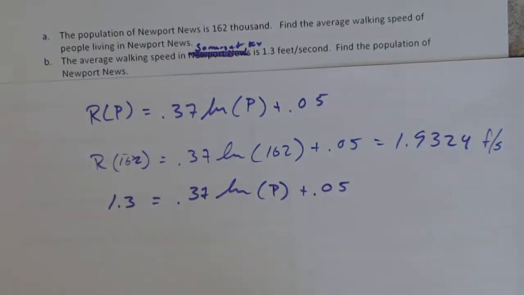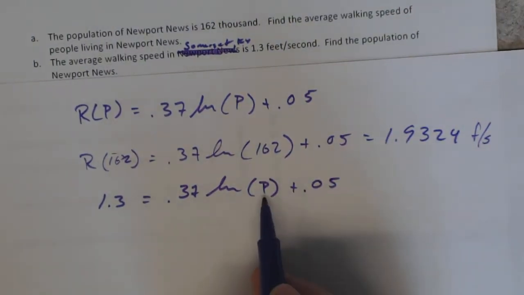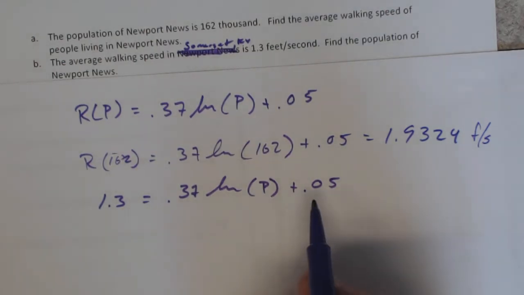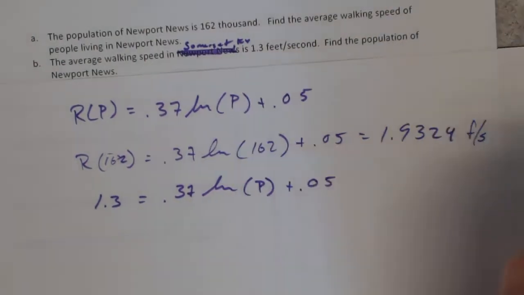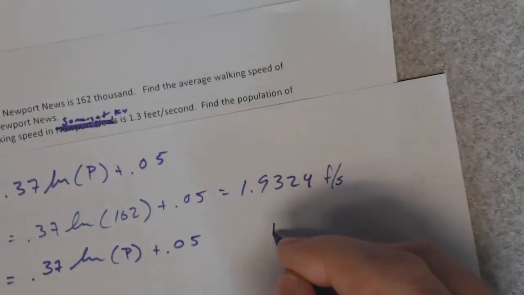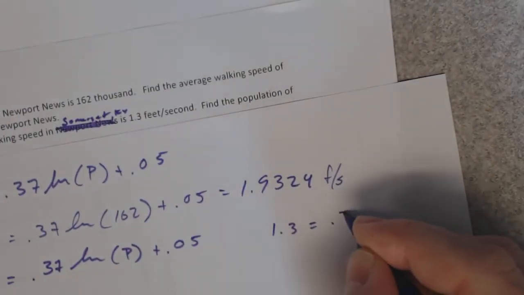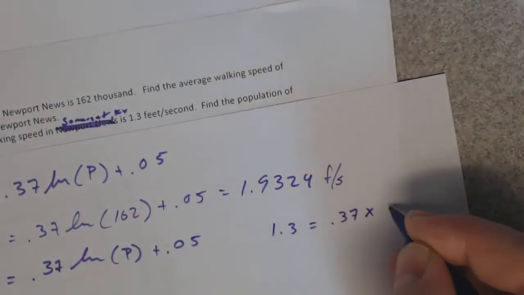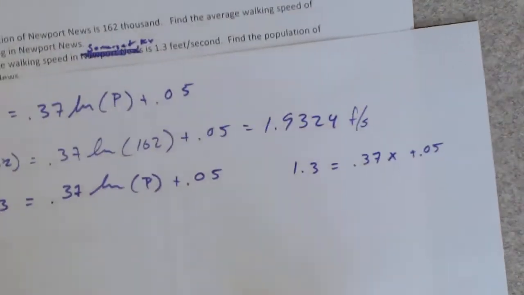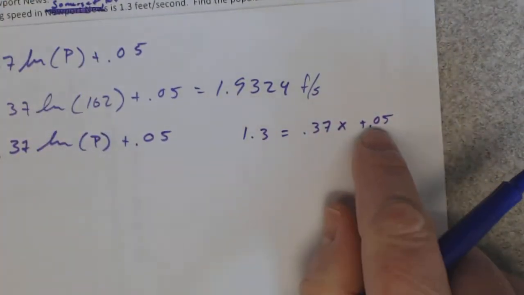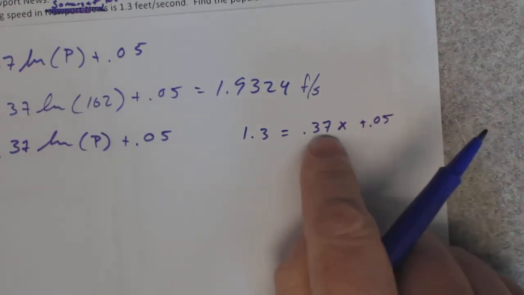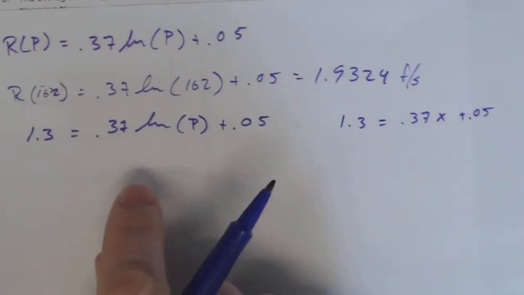Okay, so we want to solve for P. That means we want to get it by itself. First, get rid of this number right here. What if it was 1.3 = 0.37x + 0.05? The first thing I would do is subtract the 0.05, and then divide by the 0.37. Same idea here.